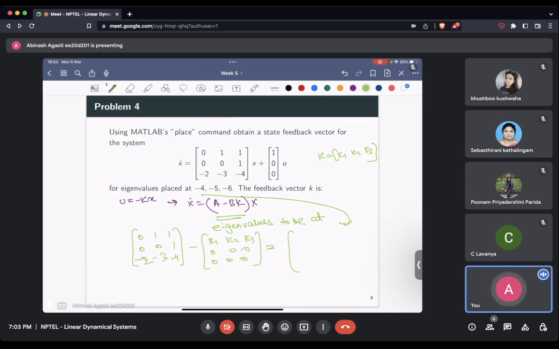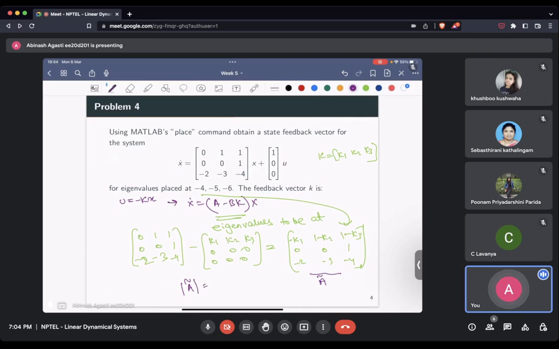So this is minus K1, 1 minus K2, 1 minus K3, and 0 0 1, -2, -3, -4.